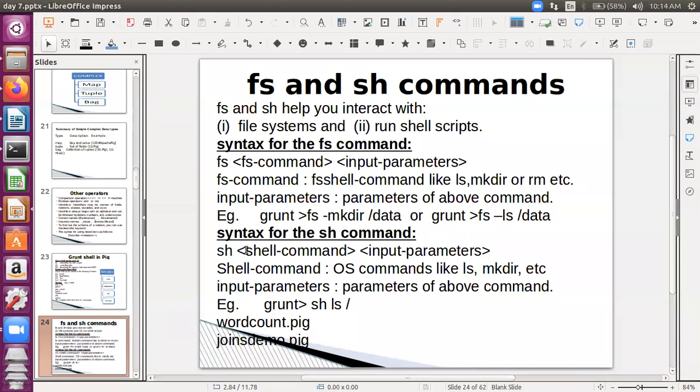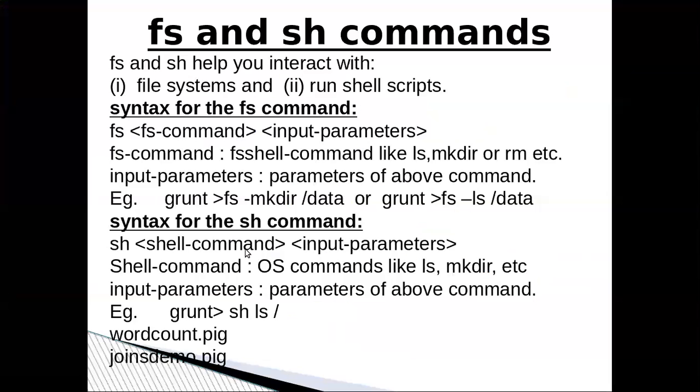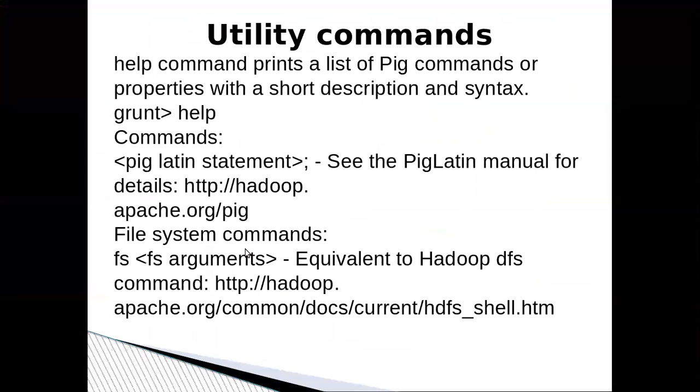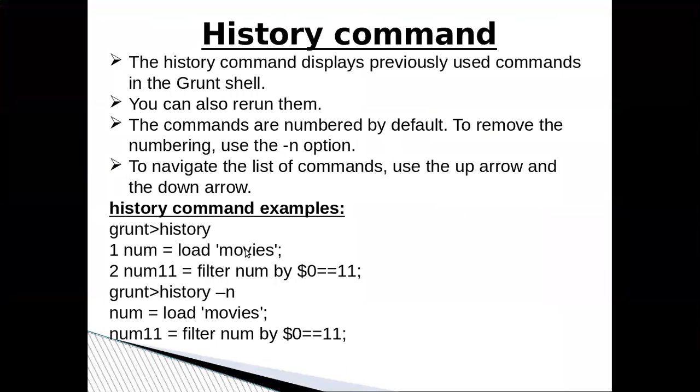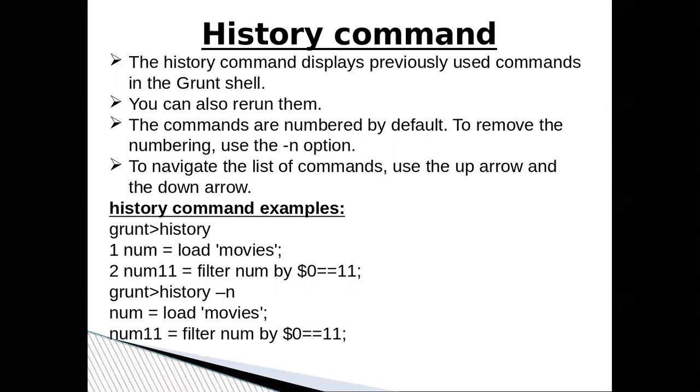We have done this fs and sh. I hope it's clear how we use these. Then next we have the utility commands, the help command, you can check it. Then the history command is there in the grunt shell, which gives you a history of all the commands that you have used. Okay, and you can rerun those commands.